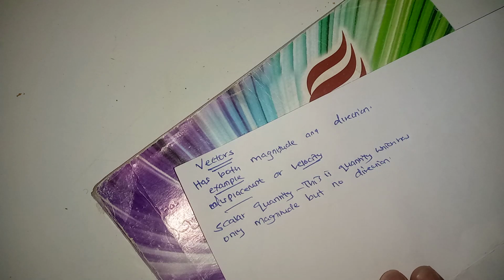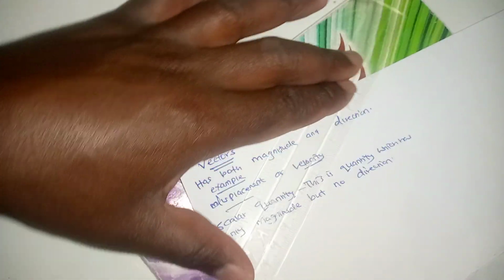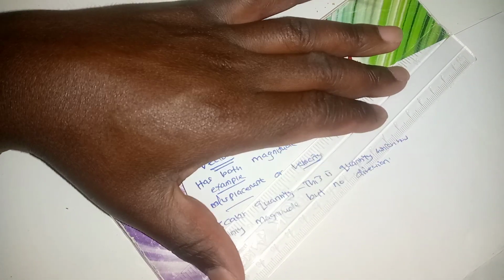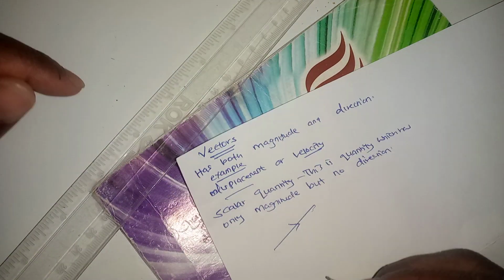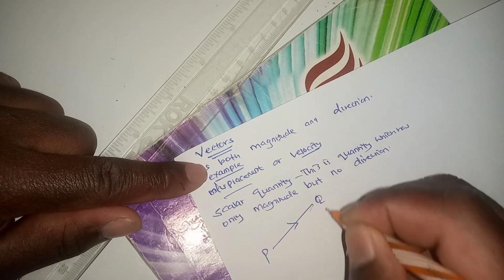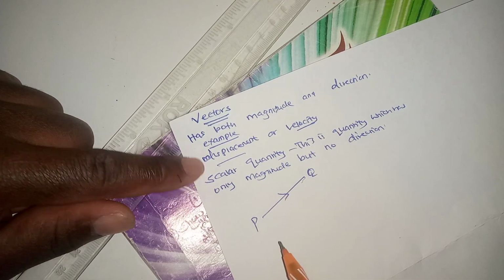A vector can be represented by a straight line with an arrow. So let's take, for instance, we can draw here a straight line with an arrow. We can name this PQ. Now here we have made it to represent a vector.